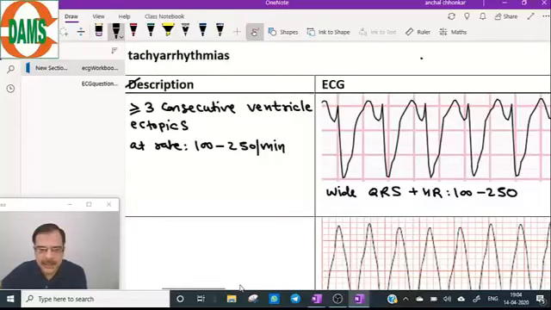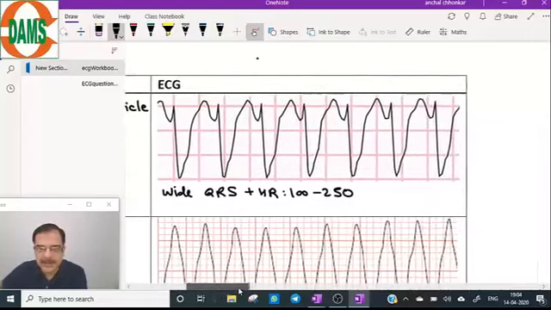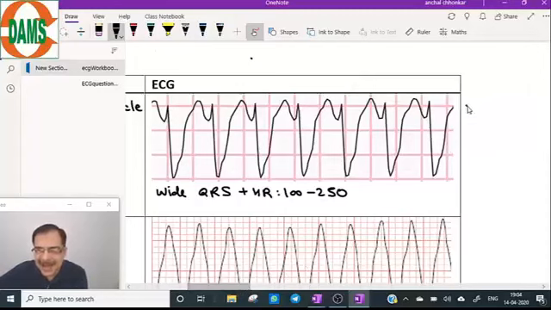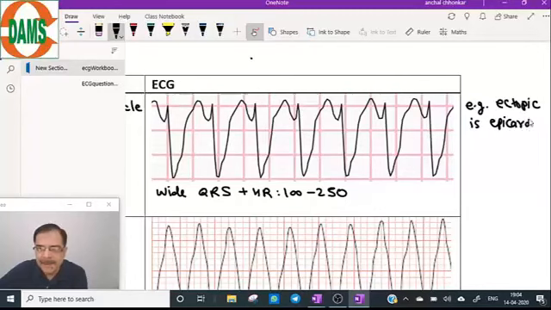So if we understand this diagram, this diagram is an example where the ventricle ectopic is on the epicardial side. This is just for an example. The ventricle ectopic is at the epicardial side, so the QRS complex will be negative.